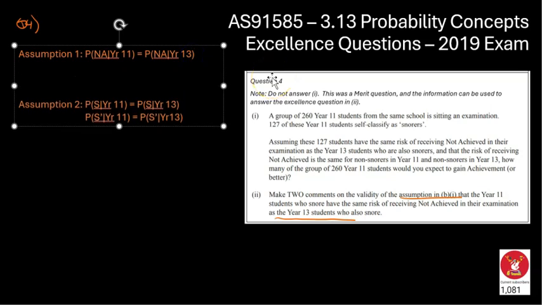So the first assumption relies on the year level, same passing or failing. And I don't think that's a good one either. The main reason being, I think in a year 11 class, you're probably going to have a more diverse range of students in that classroom because perhaps people who struggle with school, they're probably still in school in year 11, but by the time year 13 comes around, maybe they've gone away and tried to find an apprenticeship, or they've gone to a Unitech course or something like that.